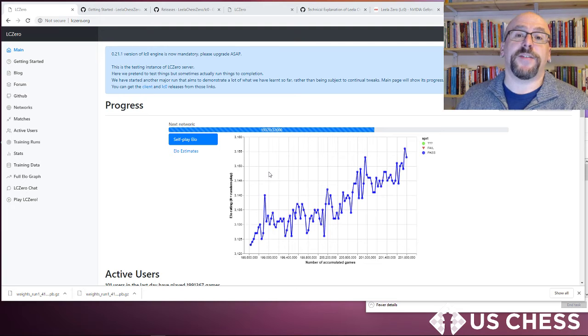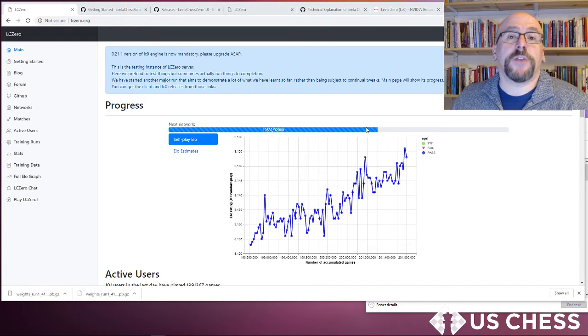Google was able to provide the DeepMind people with all the hardware they needed. Leela Chess, because it's open source, doesn't have access to that sort of resources. So chess players all over the world, chess fans, perhaps even just random people interested in AI, are donating time on their computers to help make it work and to do the self-training. And it's progressing at a speed of approximately 13 games per second.